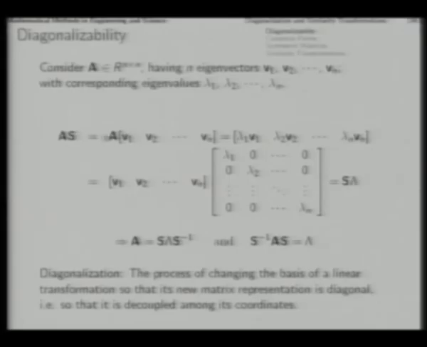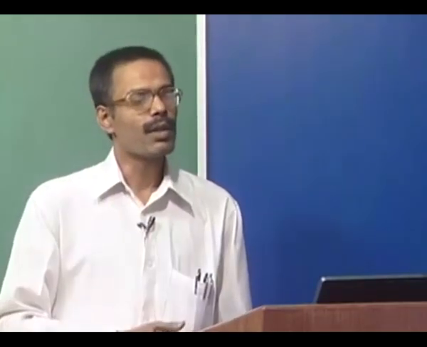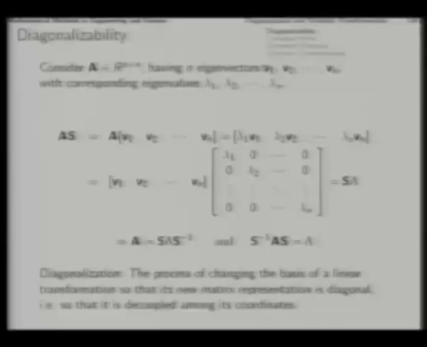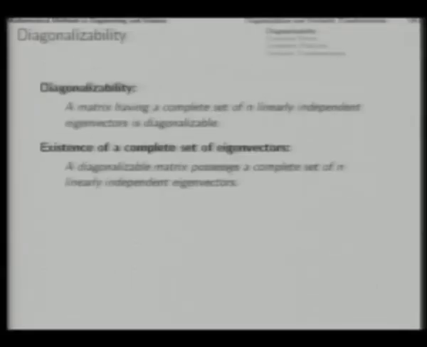That means this and this will turn out to be equal, and from that you can figure out that A V1 is lambda 1 V1, A V2 is equal to lambda 2 V2, which will mean that all these linearly independent vectors V1, V2, V3, V4 etc. are indeed eigenvectors. That will convince you about the existence of n linearly independent eigenvectors. So, this statement and its converse both are true.